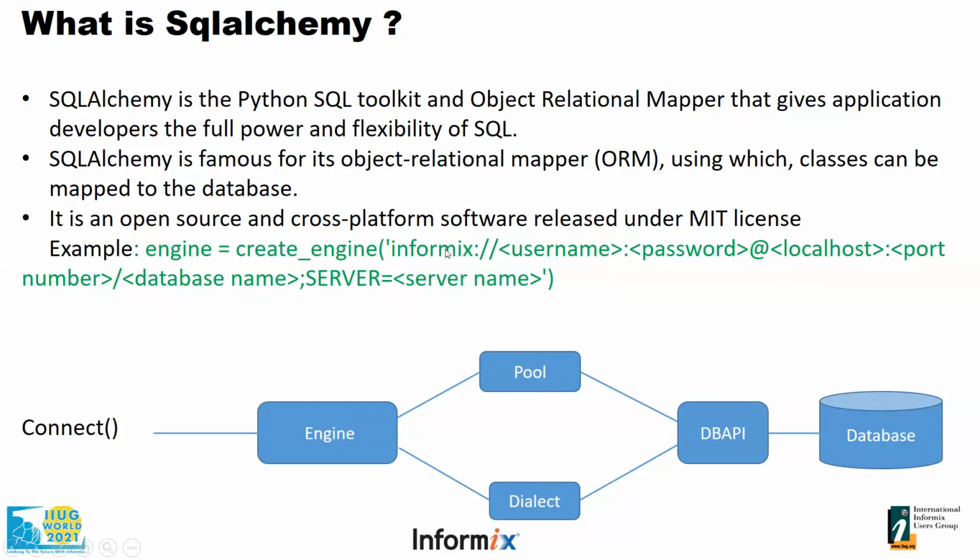Here, Informix is our dialect, and depending on the localhost and port number, it will select the connection from the pool and establish the connection to the DB API, which further will be connected to the respective database. So here we are providing Informix so that it will connect to the Informix database. To enable this, we have developed the InformixAlchemy drivers.